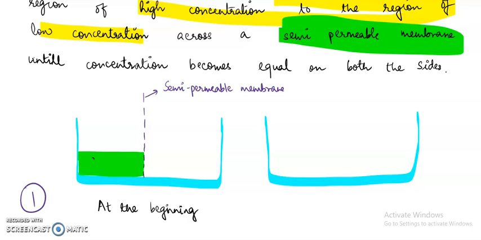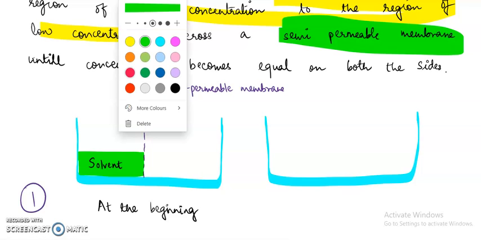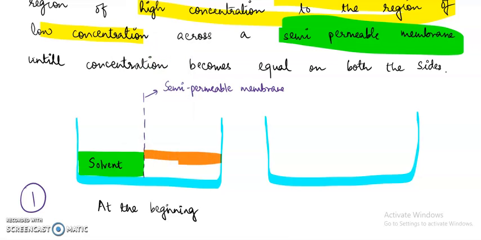This is our water shown by green color, so I am writing here as solvent. And on the other side of the semi-permeable membrane, at the same level, we have the solution.